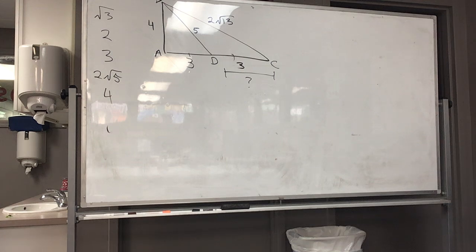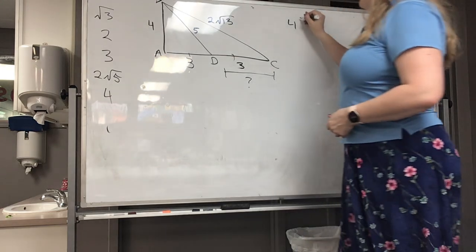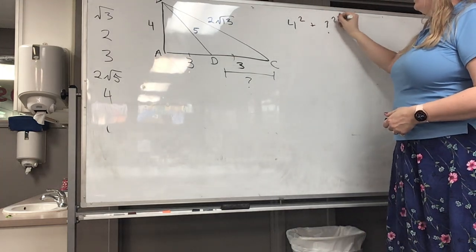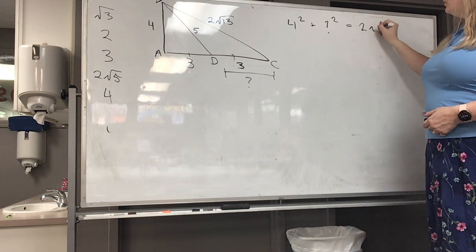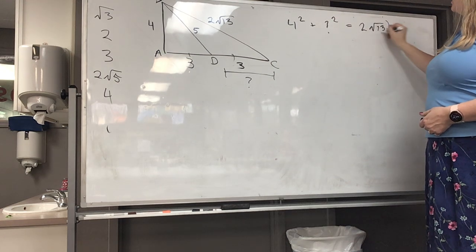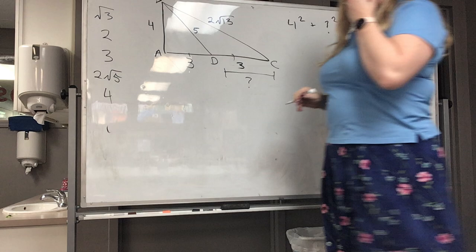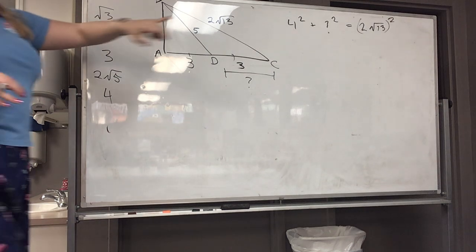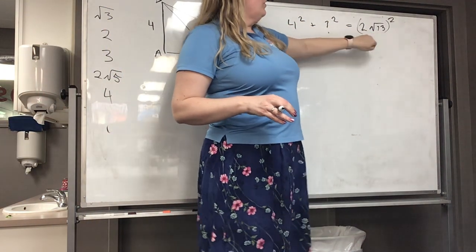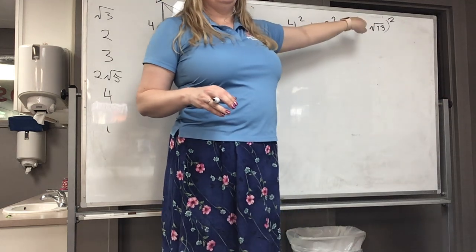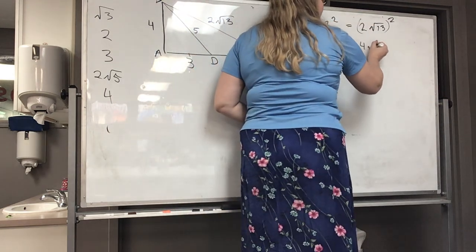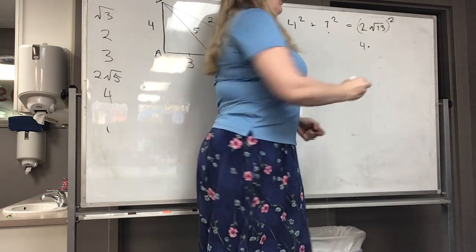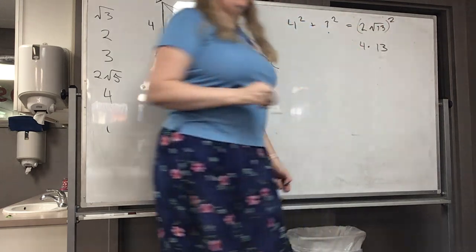If you went the longer route that's a little bit harder, you would have to be saying, okay, 4 squared plus something squared equals 2 square roots of 13 squared. And I want to talk about this just in case you get a problem that can't be solved a faster way. If you have to square something like this, the square is going to happen to the plain number. This becomes 4. But then the square root, this just becomes 4 times 13.